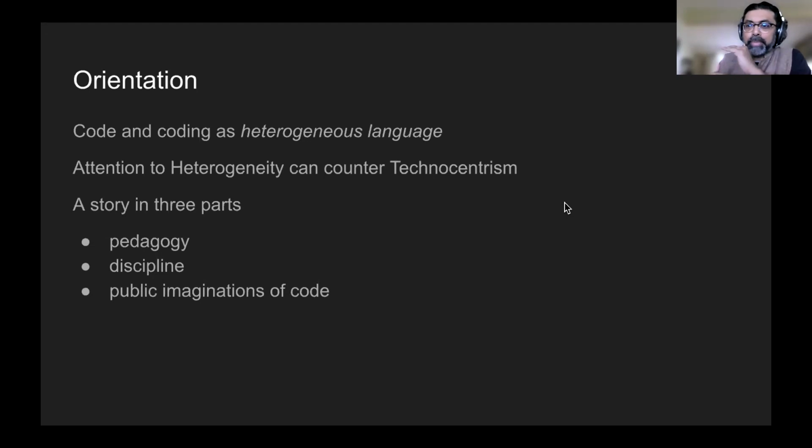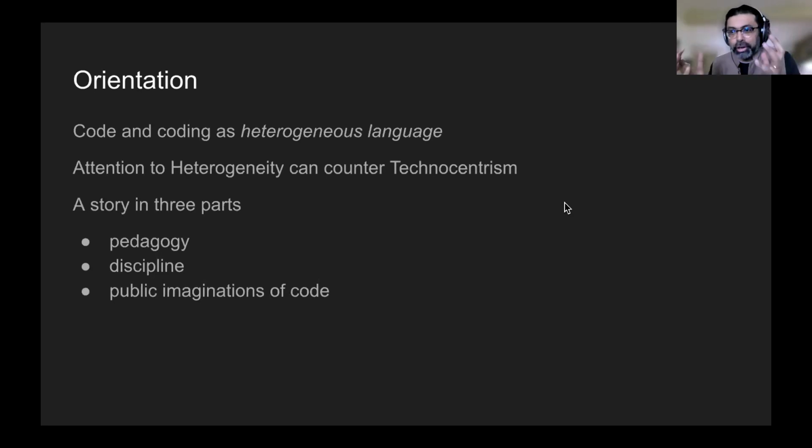One is going to be pedagogy in classrooms. One is going to be discipline. It's almost like those mathematical transformations that preserve mathematical identity. Discipline is what gets preserved, what gets conserved, even as we move across different settings.